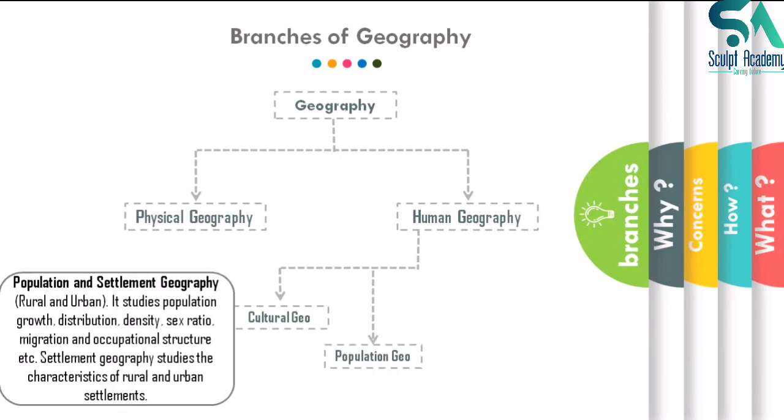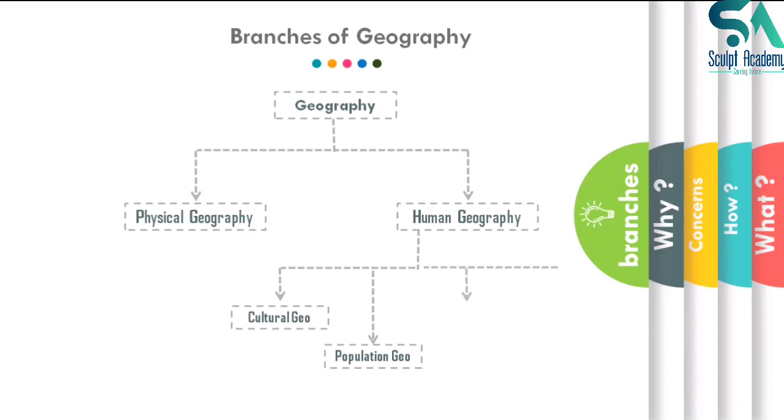Population and settlement geography studies population growth, distribution, density, sex ratio, migration, occupational structure, etc. Settlement geography studies the characteristics of rural and urban settlements. Means basically the dynamics of the population are studied under population geography or settlement geography.